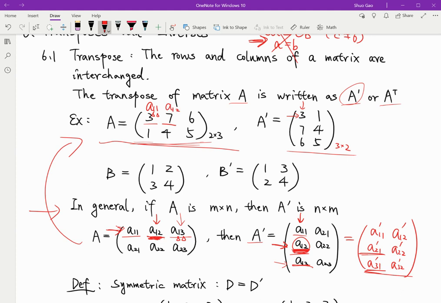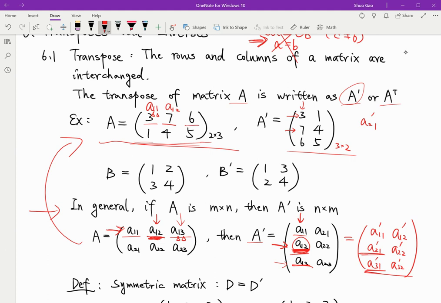It's A12. If we transpose that, it becomes A21 prime because it's in the new matrix called A prime. So 7 should lie in the second row and the first column, not the first row and the second column.